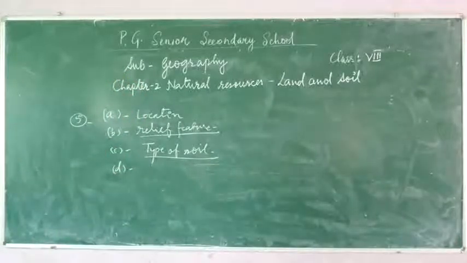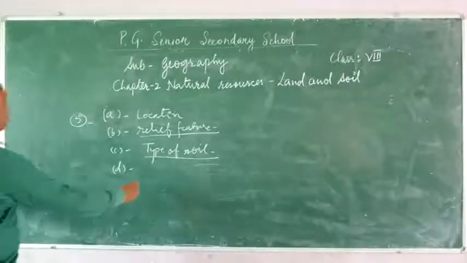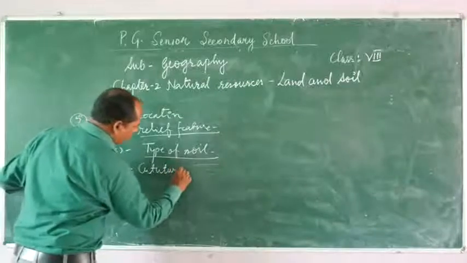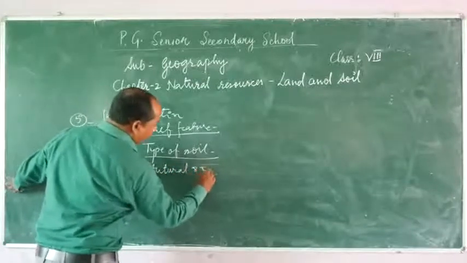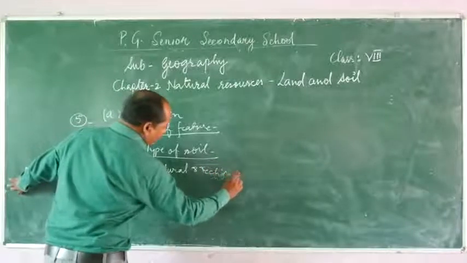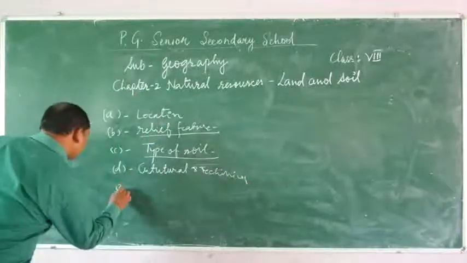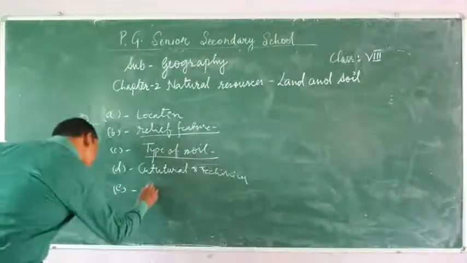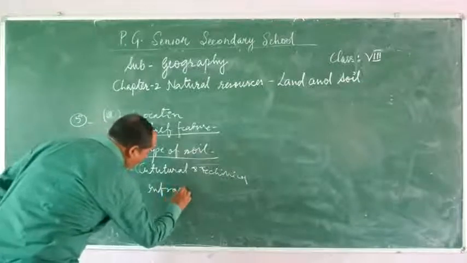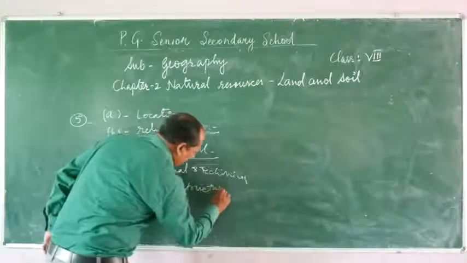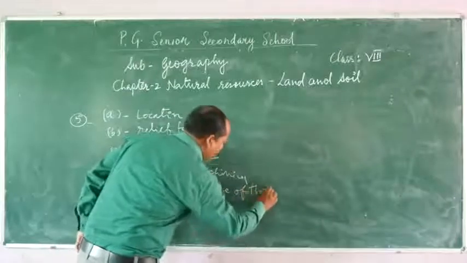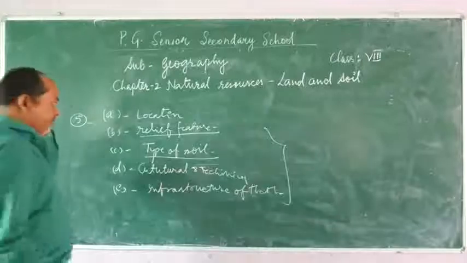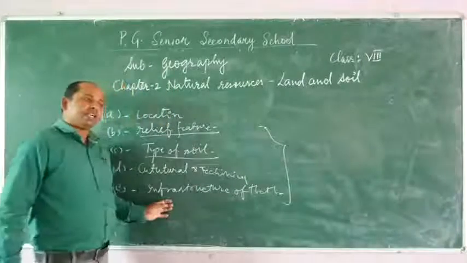Next is the cultural and technical know-how, and the last is the infrastructure of that area. These are the factors on which the utilization of land takes place.